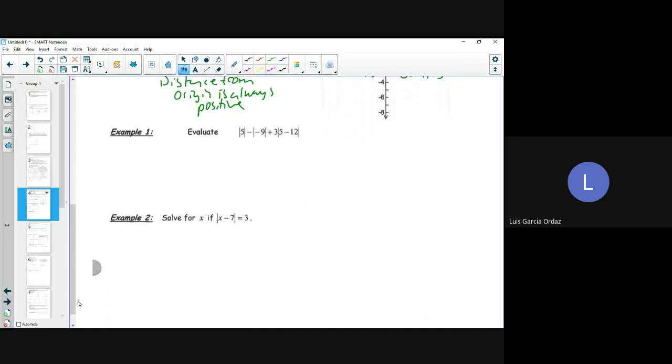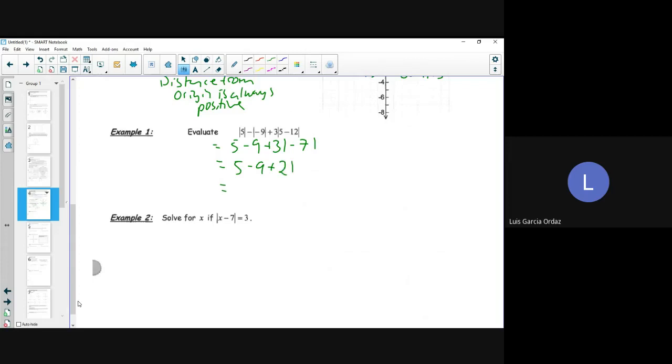So example 1, we want to evaluate 5 minus negative 9 plus 3 times the absolute value of 5 minus 12. So we get the absolute value of 5 is 5. The absolute value of negative 9 is 9, plus 3 times the absolute value of negative 7. So we get 5 minus 9 plus 3 times the absolute value of negative 7, which is positive 21.